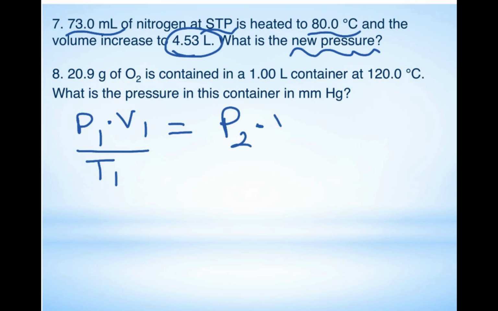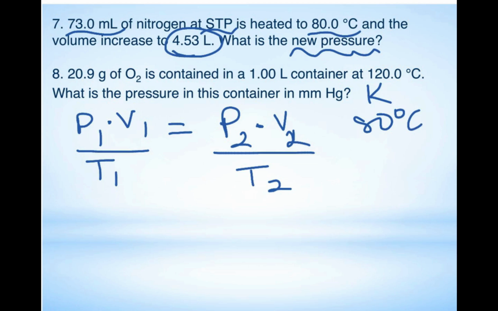P1 V1 over T1 is equal to P2 V2 over T2. Remember, our temperature has to be in Kelvin. 80 degrees Celsius plus 273 is going to give us a temperature of 353 Kelvin.